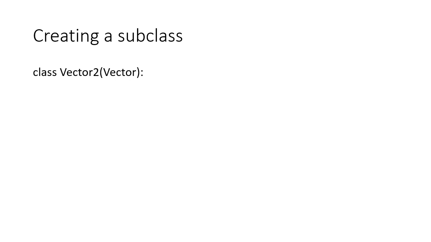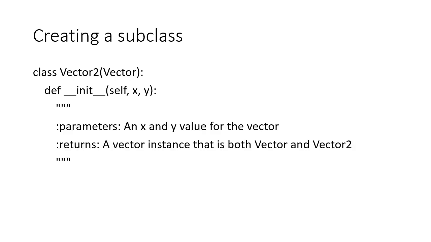We can create a Vector2 class, and here we want to use inheritance. So in the parentheses, we will use Vector. We will inherit everything from the Vector class and then add some specific things that are appropriate just for Vector2. Our constructor in this case, when we want to create a Vector2, we can specify there are just 2 values, an x and a y. Again, this x and y value need to be an int or a float that we will convert to float.